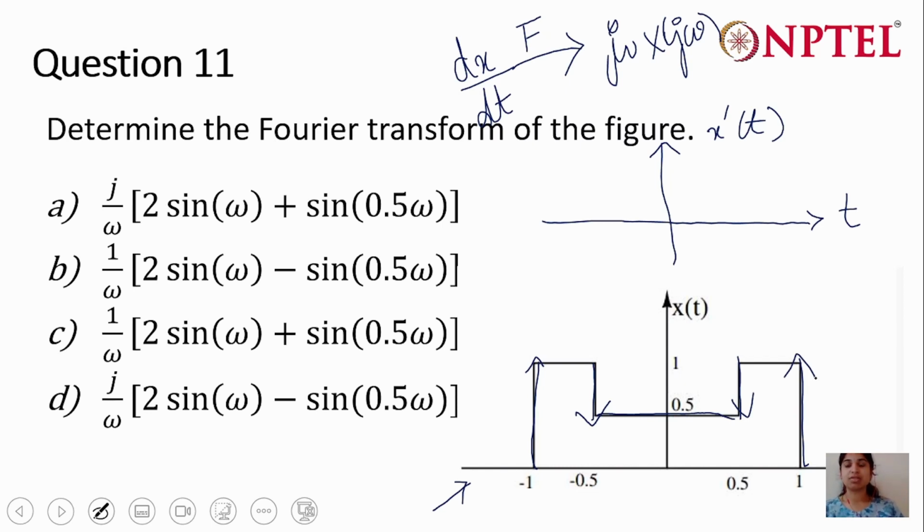So you just have 4 impulses. Now can you use this and find the Fourier transform, guys?